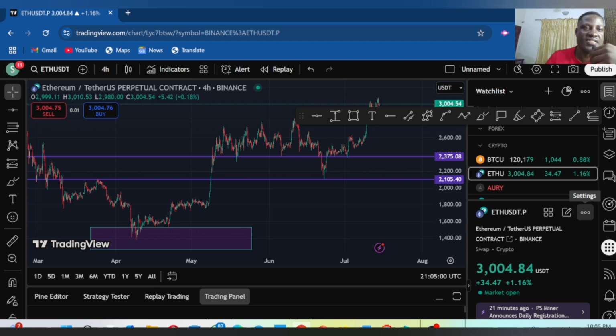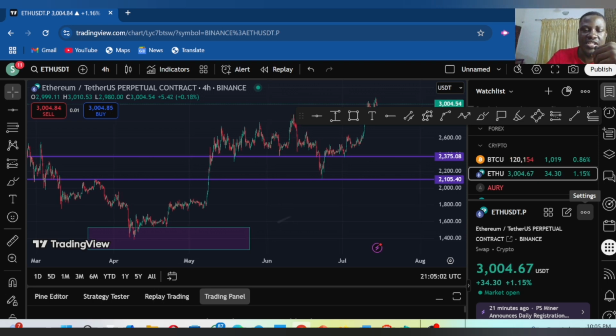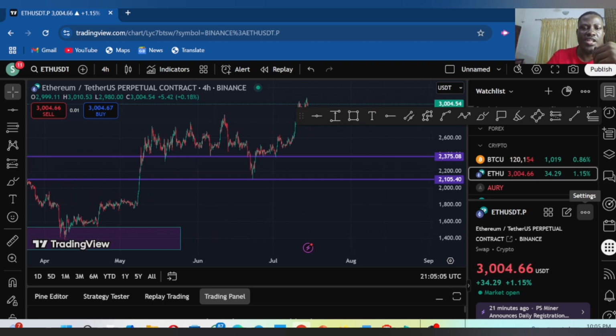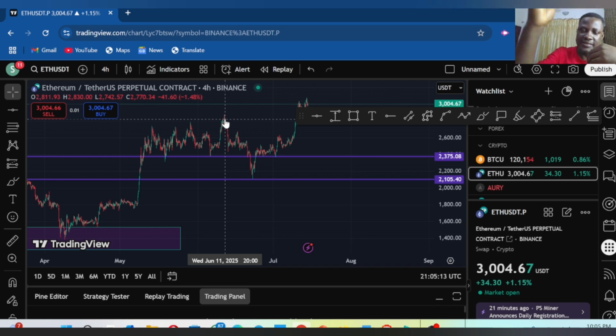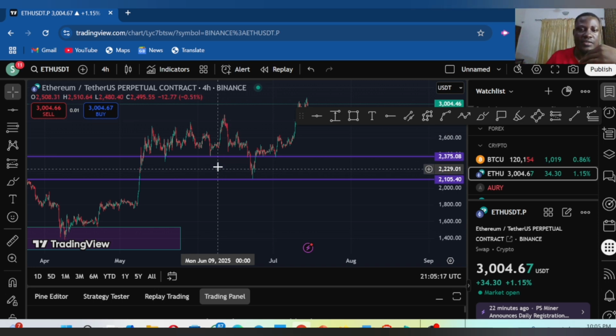Now this is the Ethereum USD chart again, and if you look here, you will see that this place is our resistance, because resistance used to be up, just like your roof. It is up and then you have support down.